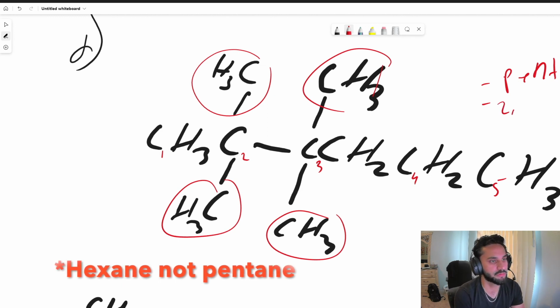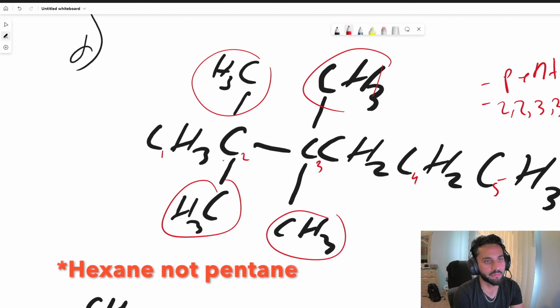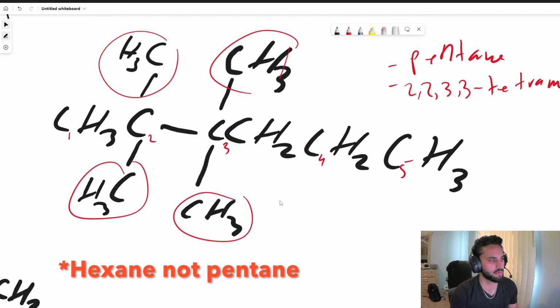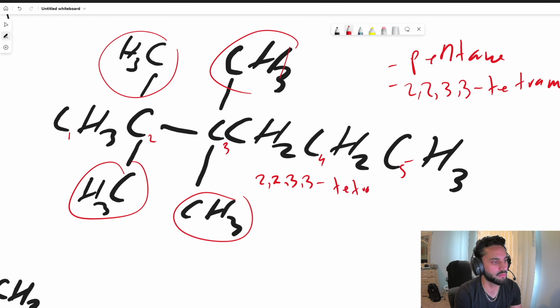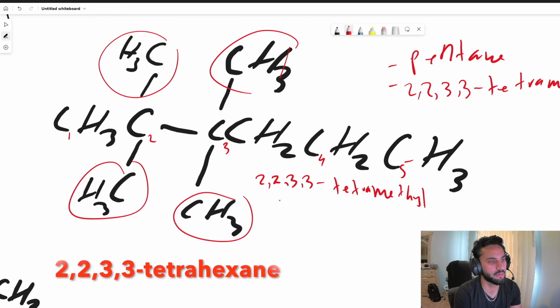There are 2 on carbon number 2 and 2 on carbon number 3. Tetramethyl, tetra just meaning 4. And I would name it 2,2,3,3-tetramethyl pentane.